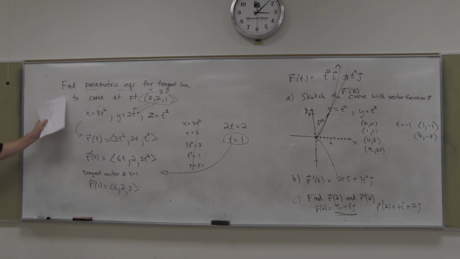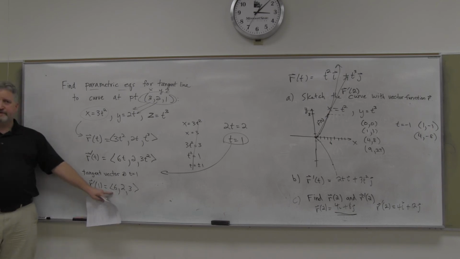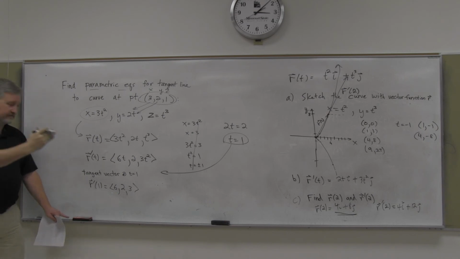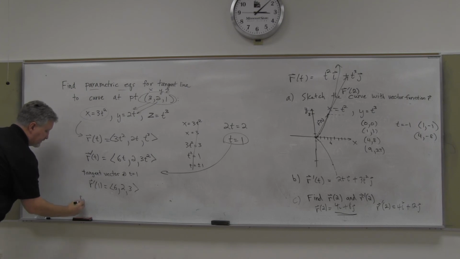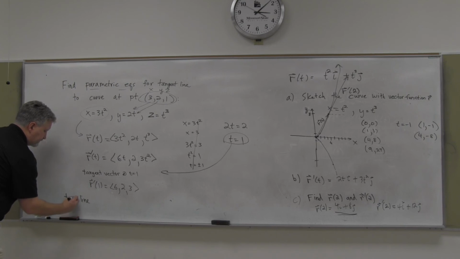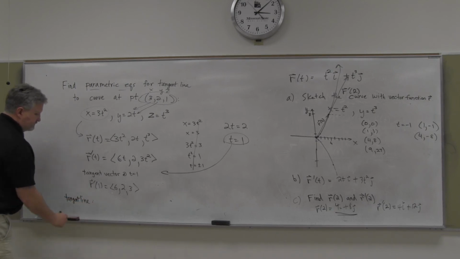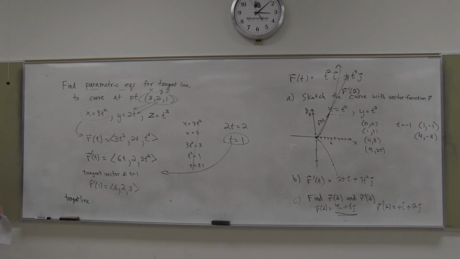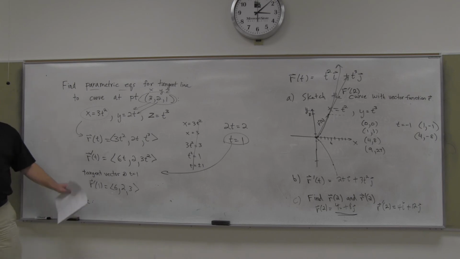But the instructions were, I want the parametric equations for the tangent line. So that just gives me a tangent vector. The line is, of course, associated with that. So how would I get the line? Well, on a line, remember, you need a vector, which is the direction, and you need a point.